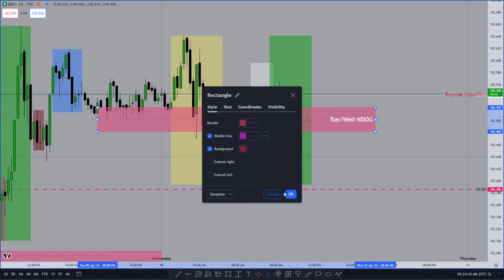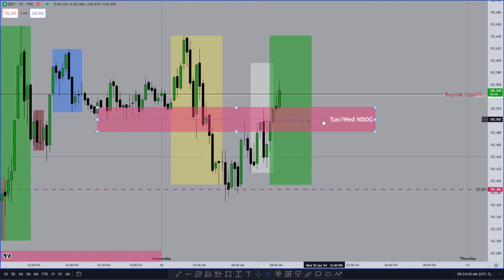So draw the consequent encroachment, so we can use that as a reference point now. Would we like to see that delivered again? Well, it can, because it can come back down into that order block. Right now we have just traded above that buy side, which I think I mentioned a couple minutes ago.